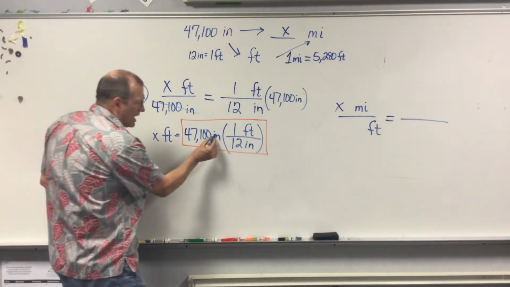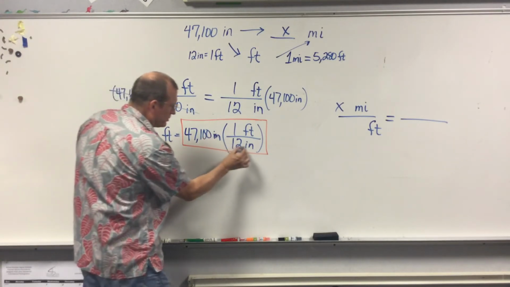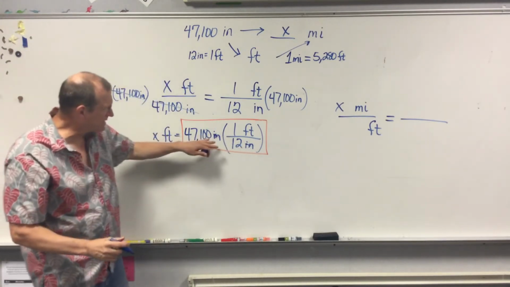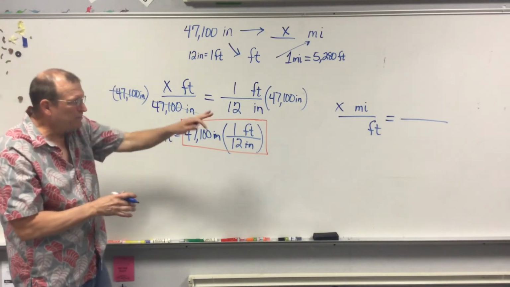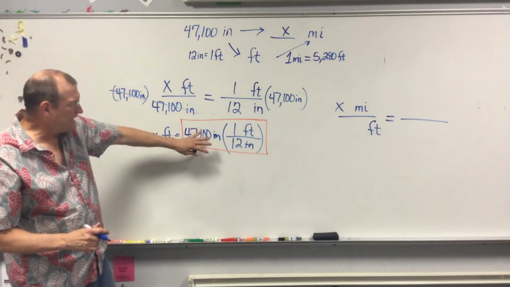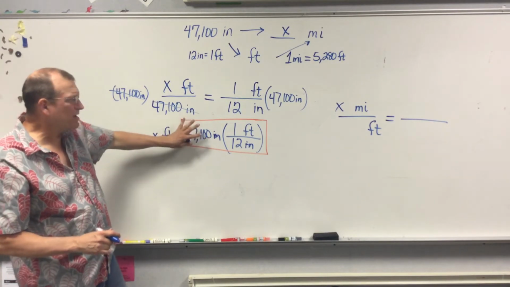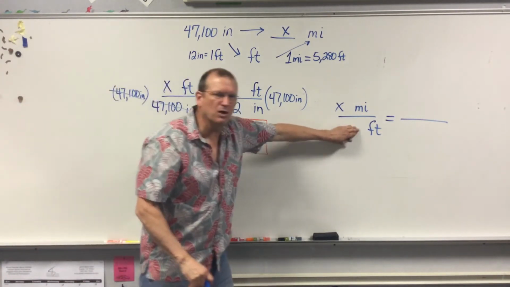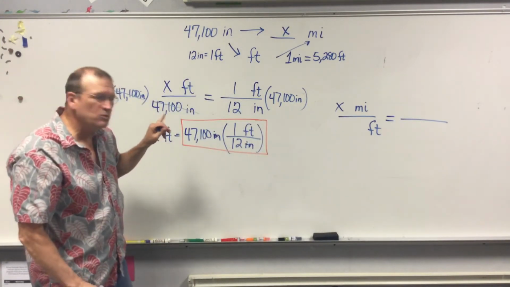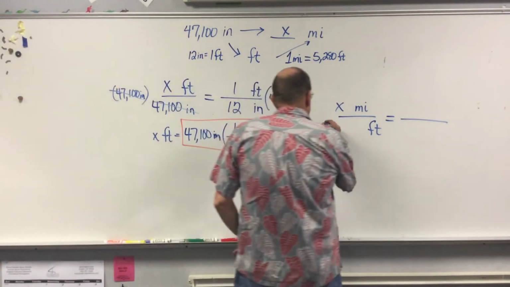I'm going to cross these out, because the inches have already canceled. I'm actually going to leave them in there. If I had actually calculated this number, that number would belong right here. But I'm going to leave it as this expression.